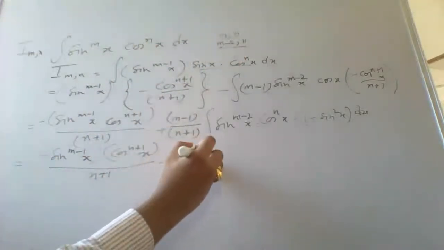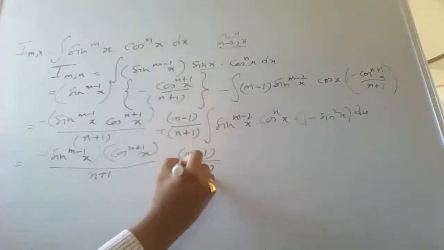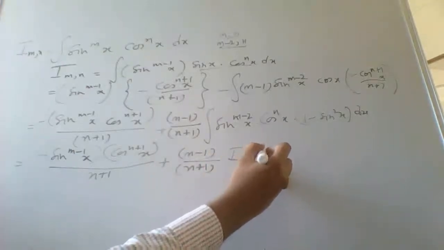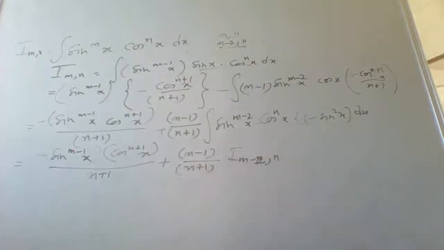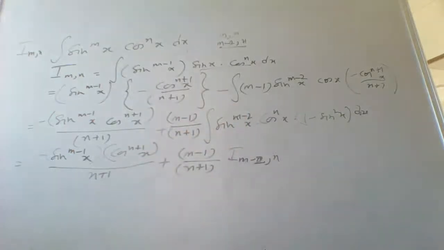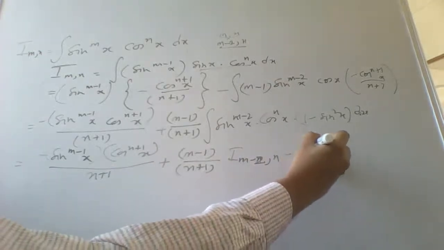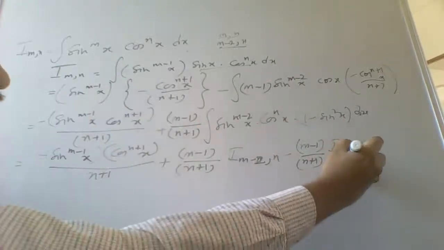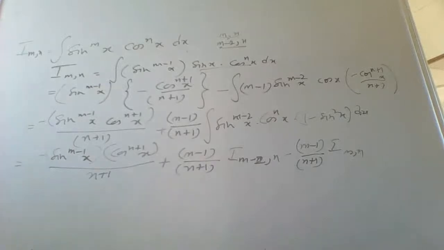First I'll write this term, which would be I m minus 2 comma n, and the other term, because the powers m minus 2 plus 2 get cancelled and I'll be having only power m, is minus of m minus 1 divided by n plus 1 I m comma n. So that's what I get for I m comma n.